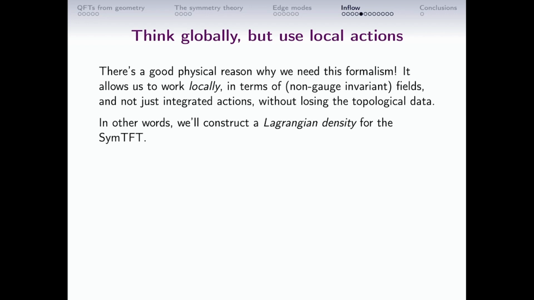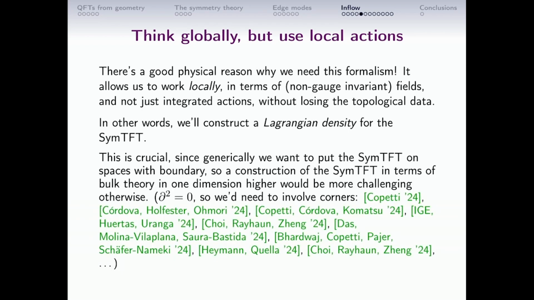And so this is the idea. We want to work with a non-gauge invariant field. These cochains are the non-gauge invariant fields. But if you want, we're always working at the level of Lagrangian densities and not actions. Okay. And why is this important? Remember that SymTFT is a gadget I want to put in a sandwich. And I want to obtain the SymTFT as an object on the boundary of something else. So I better work locally if I want to avoid having to work with corners.